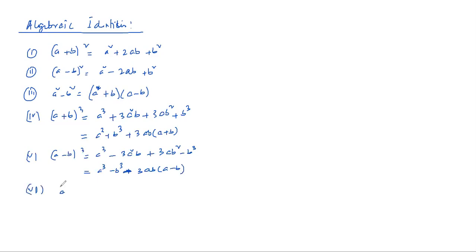And then a plus b plus c whole square will be equal to a square plus b square plus c square plus twice ab plus twice bc plus twice ca. These are very important.